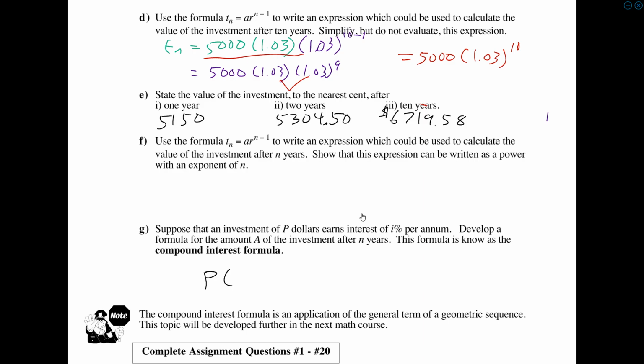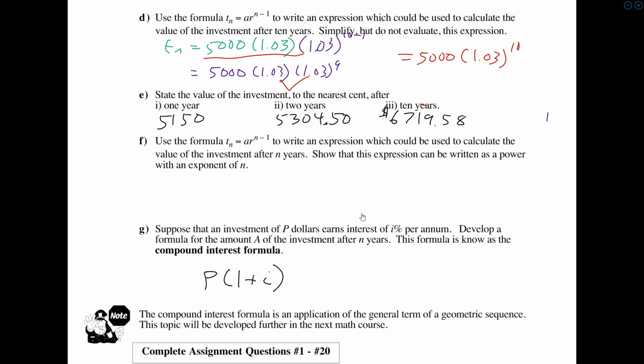Wouldn't the rate be 1 plus whatever our I is, if I is a percentage? So like 1 plus 0.03 or whatever, if it's growing 1 plus 0.07, whatever the I is. The way we can account for that is take your 1 and then add in the interest percentage.